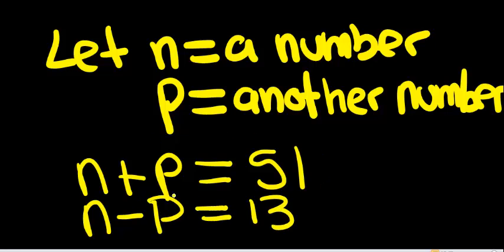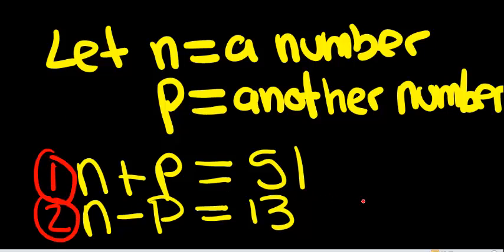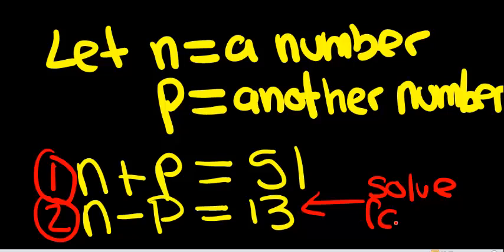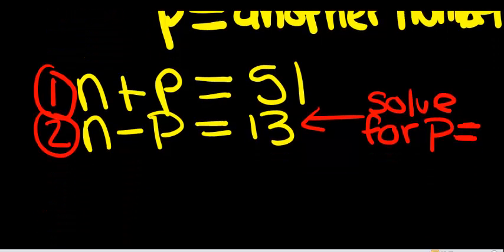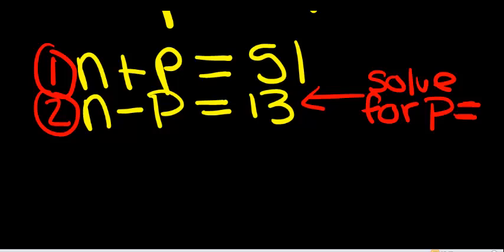Since we're not doing a system of equations, I'm going to solve one of these equations for the other variable. I'm going to label my equations equation 1 and equation 2, and I'd like to solve equation 2 for p, which means when I'm done, I'll have something that says p equals. So let's look at equation 2 only.